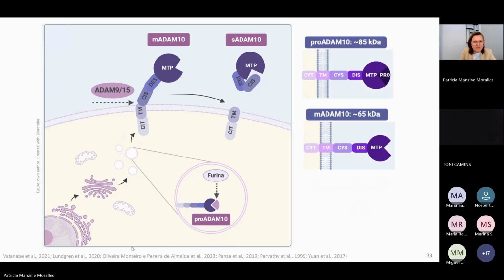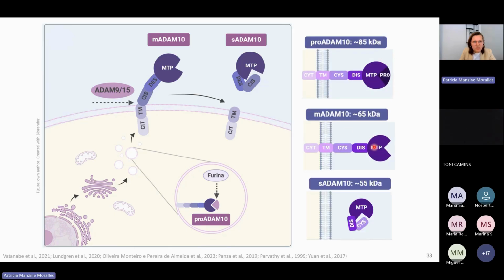So these are the three isoforms I would like to introduce: the pro-EDN10 inside the secretory route; the mature form when it is inserted in the membrane; and the soluble form after cleavage, a small portion of about 55 kilodaltons.